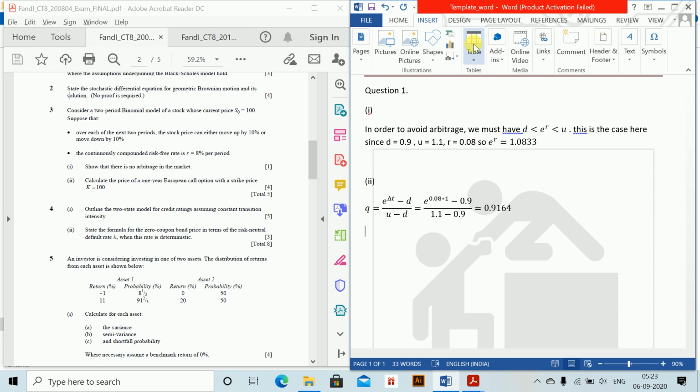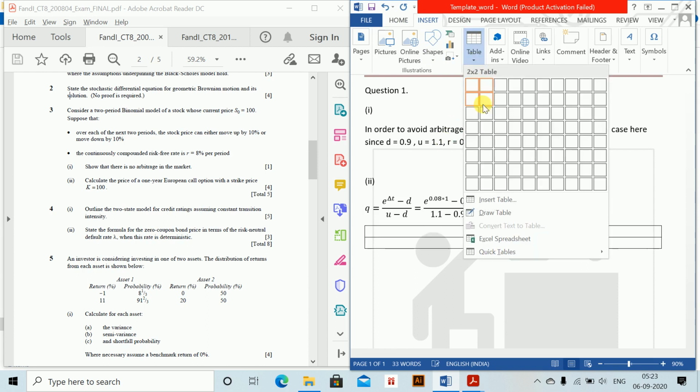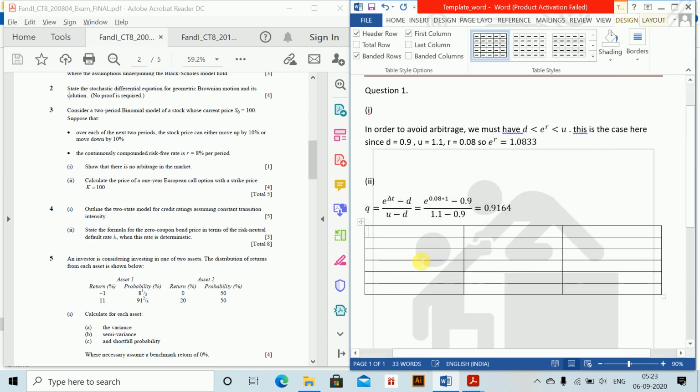So I'll make a short table over here, since you have to make a two-step binomial tree. You need 3 columns and around 7 rows, because we'll start writing from in between.